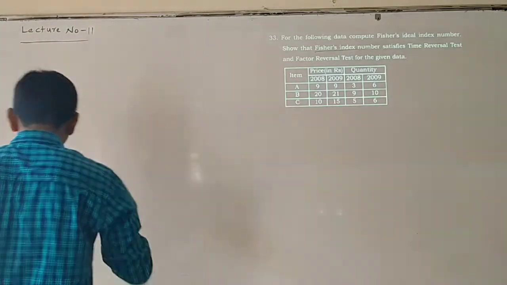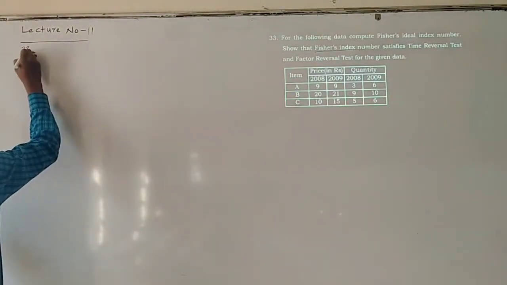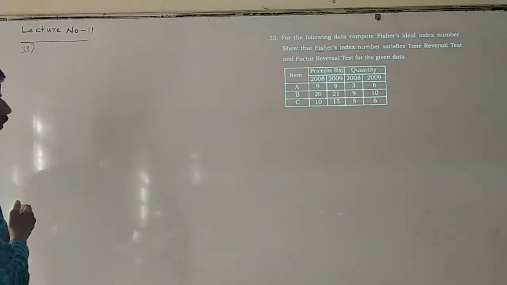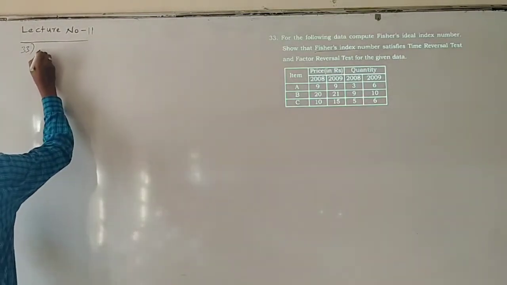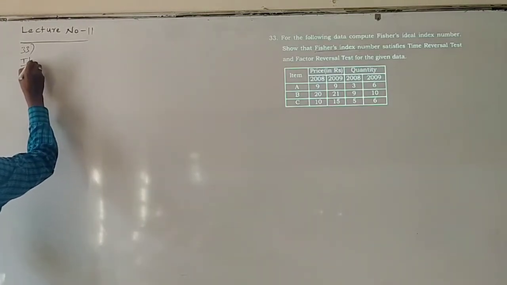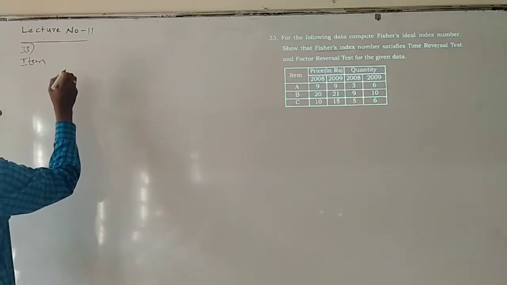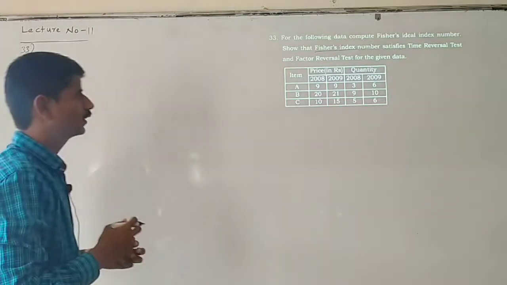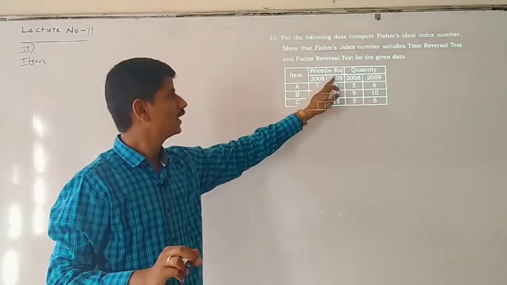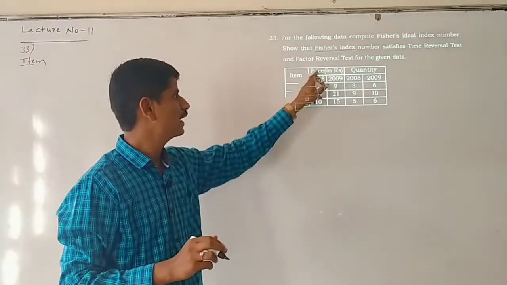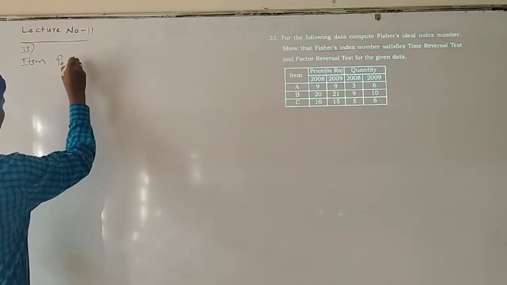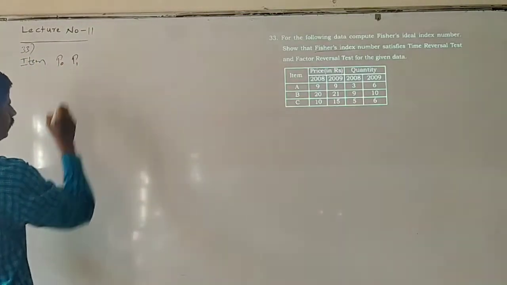Okay, solution. 33. Here first you have to write down the commodities, the items, the price in 2008 and the price in 2009. Here they are given 2 years. 2008 is the base year and 2009 is the current year. Base year price is P0 and current year price is P1.